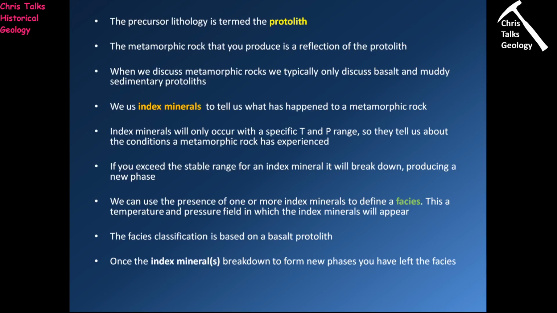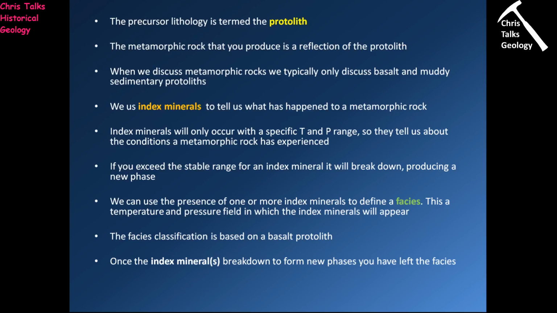Now, when we discuss metamorphic rocks, we typically only discuss basalts and muddy sedimentary protoliths. The reason for that is those two types of rock, when you metamorphose them, produce nice, clear changes in metamorphic minerals as the pressure and temperature increase. This means we can track what's happening to the rock quite easily.